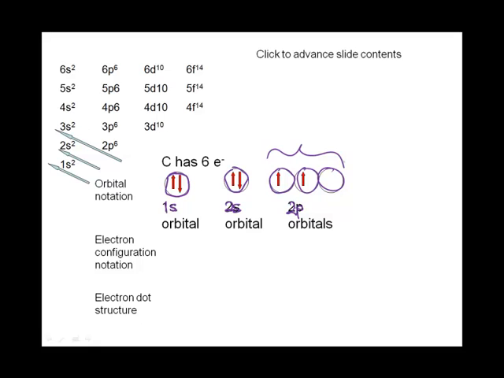And notice we have something called Hund's rule, H-U-N-D apostrophe S. Hund's rule says this: these electrons will go into separate orbitals in the same energy level before they begin to pair.